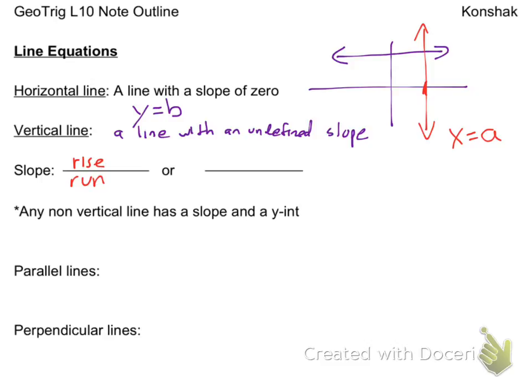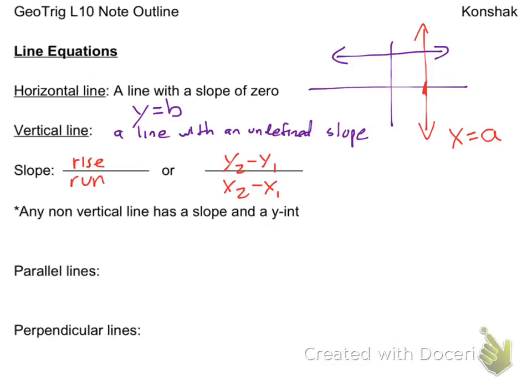But if I'm not given a graph, maybe I'm just given a set of points, yes, you can graph it so you can make your triangle to find it. Or you can use a slope formula. So who knows a slope formula? It is, everyone, y2 minus y1 over x2 minus x1. Great job, everyone. So we have two different ways to find slope.